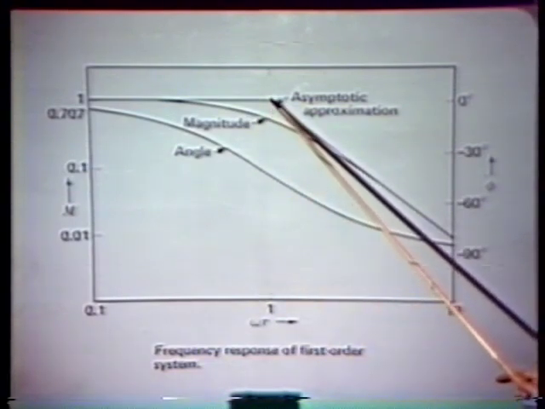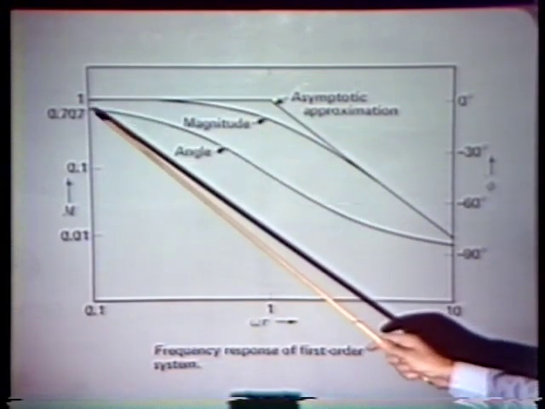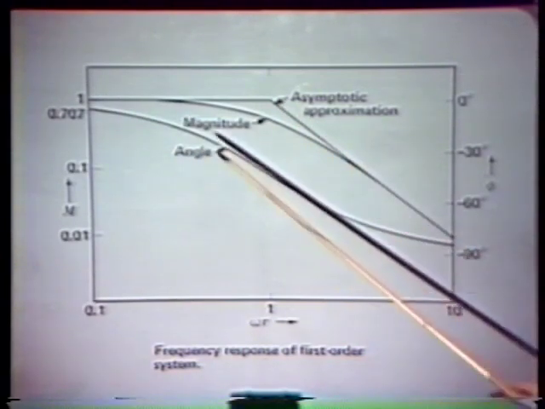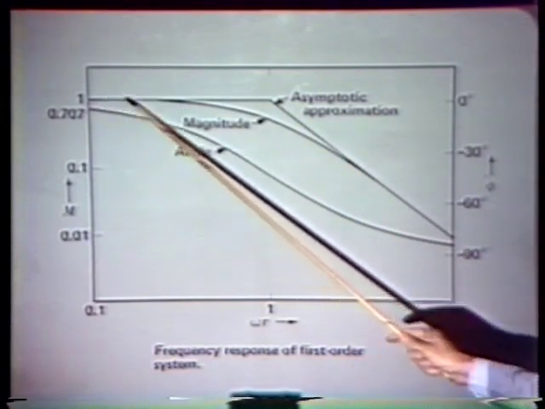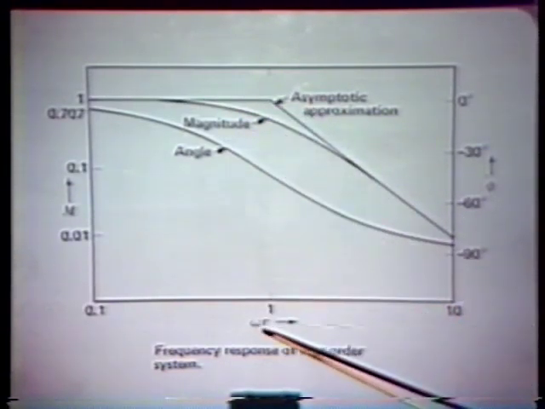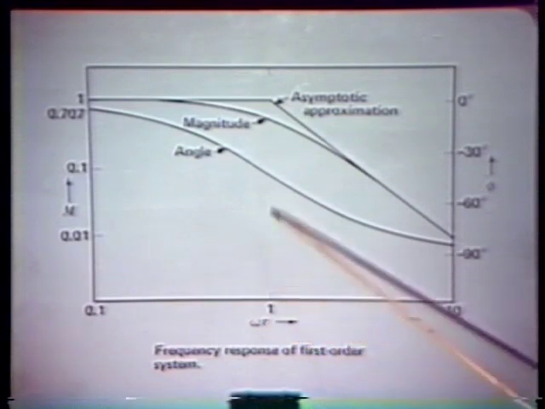And the actual magnitude drops below the so-called asymptotic approximation. In other words, the intersection of two lines, one that's flat, one with a slope of minus 1, intersect at omega equals 1 over tau, the so-called corner frequency.